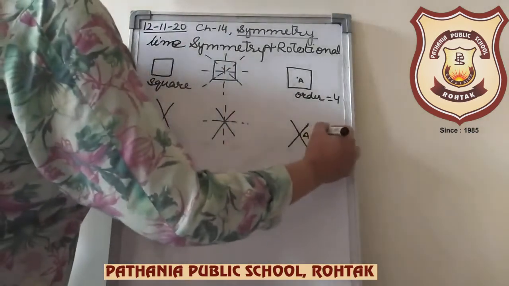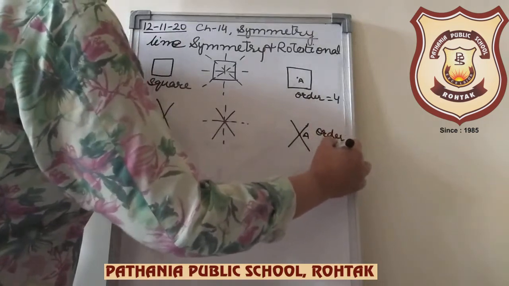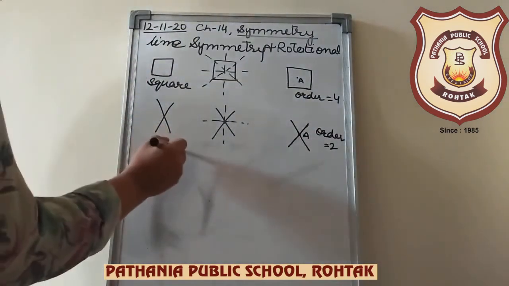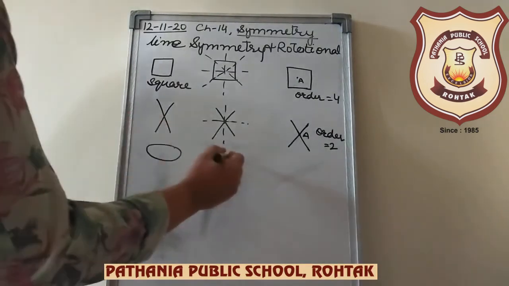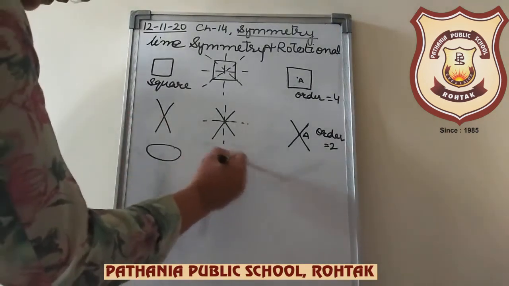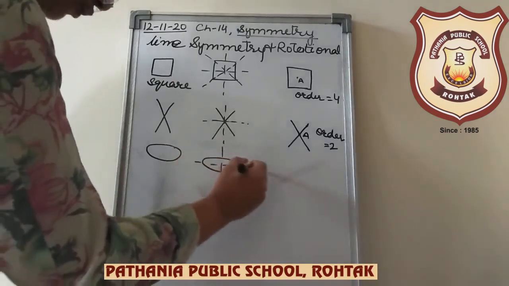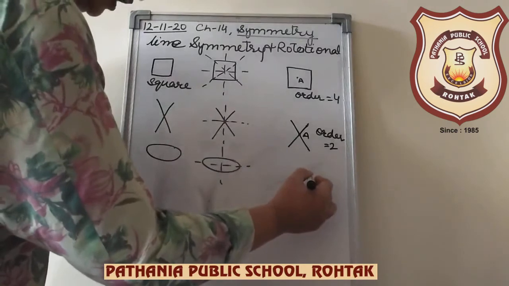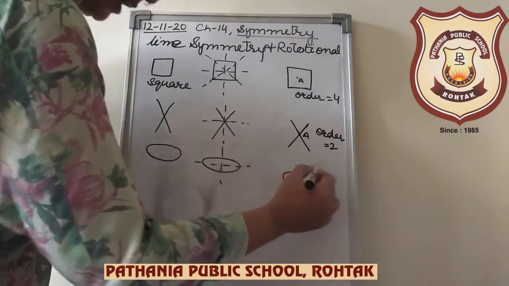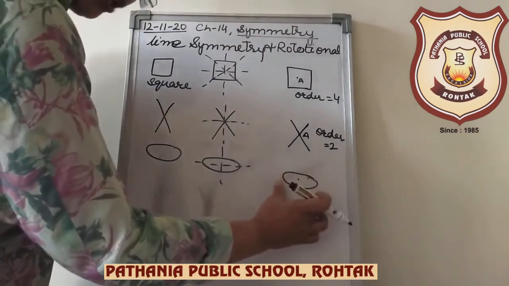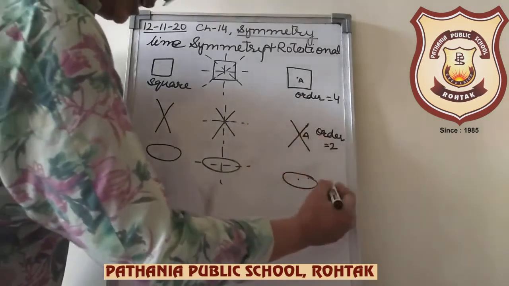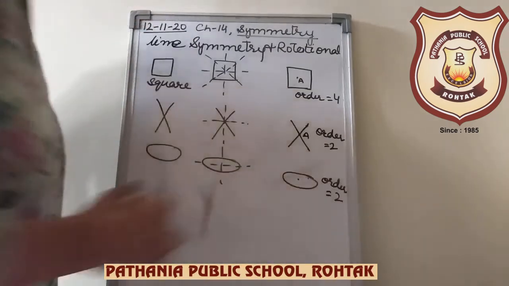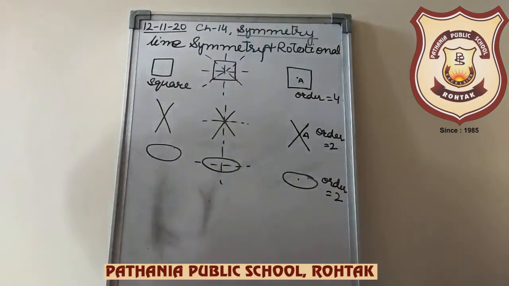The order is 2. So my point is, even if I take an oval, it has vertical, horizontal, two lines of symmetry, and again the order will be 2, because after 180 the same picture will be there, and again next 180 the picture is going to be the same. So its order is again 2.